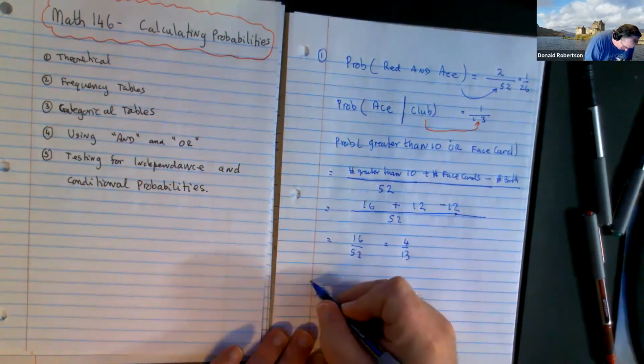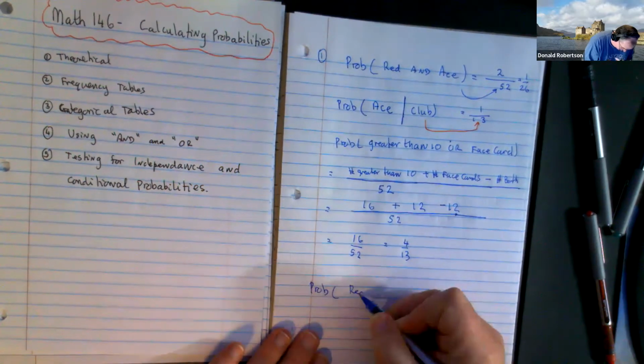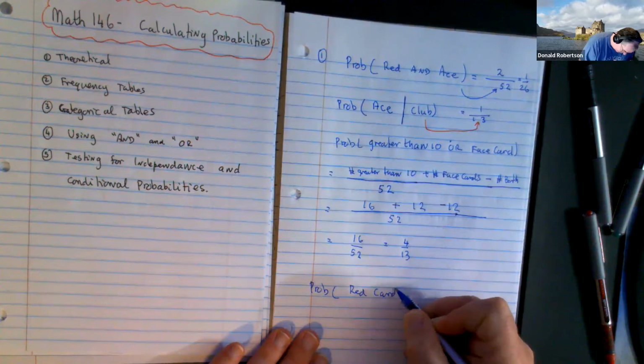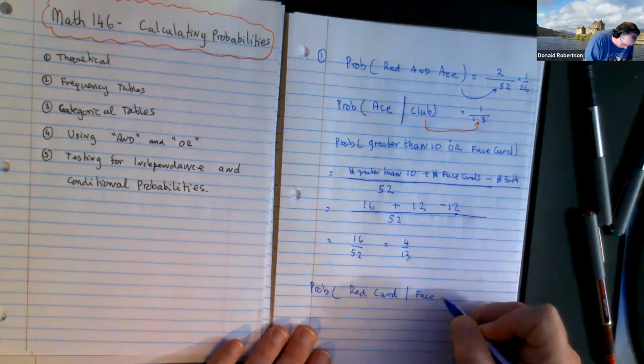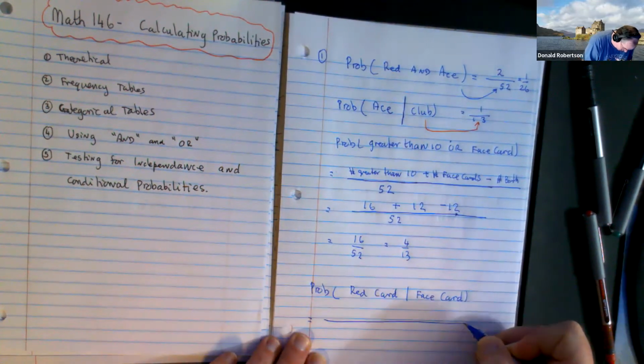I'll do another one that isn't as weird. What's the probability that you get a red card, or that it's a face card? So this is what my working might look like.